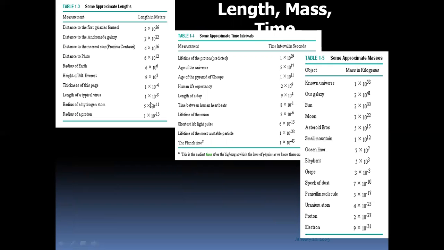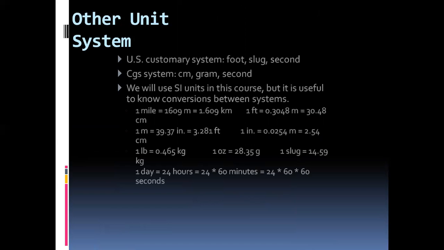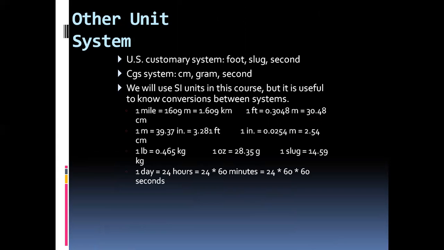It is not necessary to memorize them, but for better understanding I give this data to you. Other unit systems are the US customary system, foot, pound and second, and CGS, centimeter, gram and second. Converting units is not necessary for you, but I give the data for understanding.